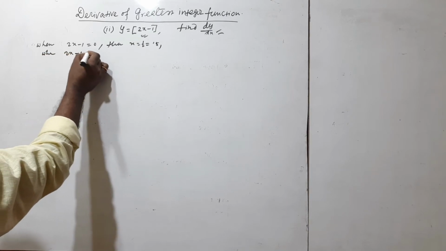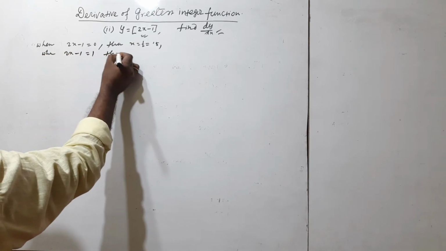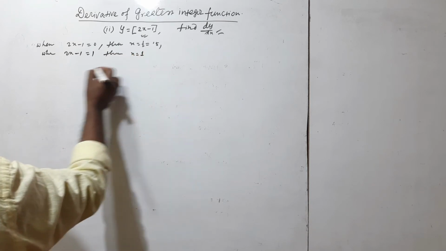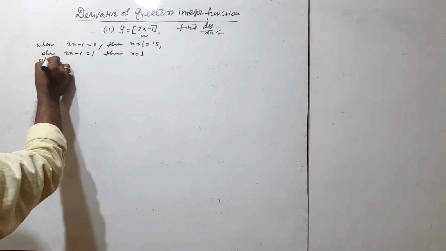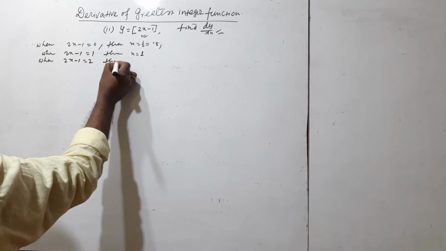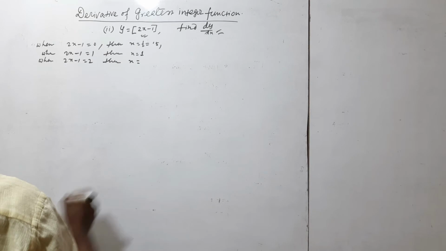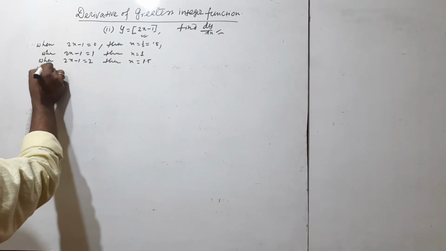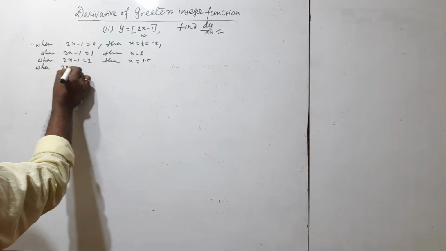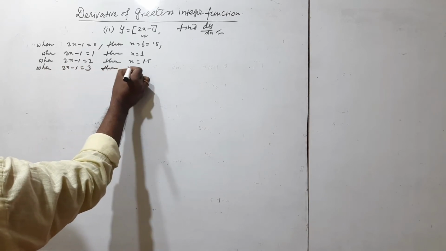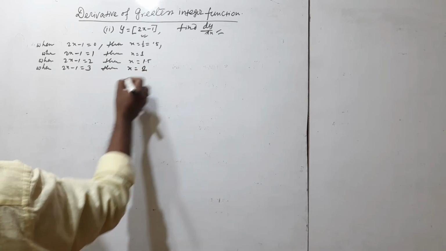When twice x minus 1 equal to 1, then x is equal to 1. When twice x minus 1 is equal to 2, then x is equal to 3 by 2, this is 1.5. When twice x minus 1 equal to 3, then x is equal to 2.